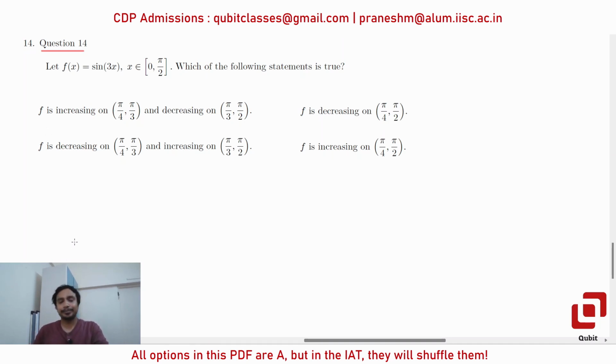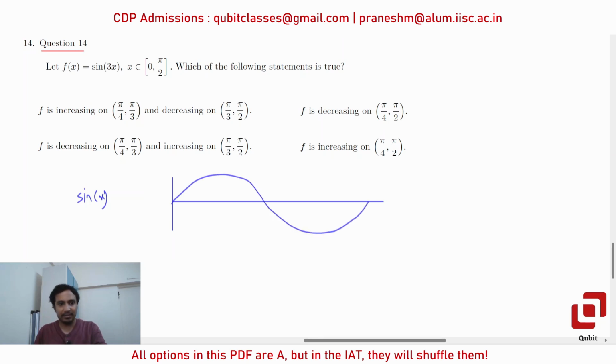Okay. Now one thing we must remember, and that is the graph of sin x is like this. Okay, the graph of sin x is like this, with 0, pi and 2 pi here. This is pi by 2 and this is 3 pi by 2.